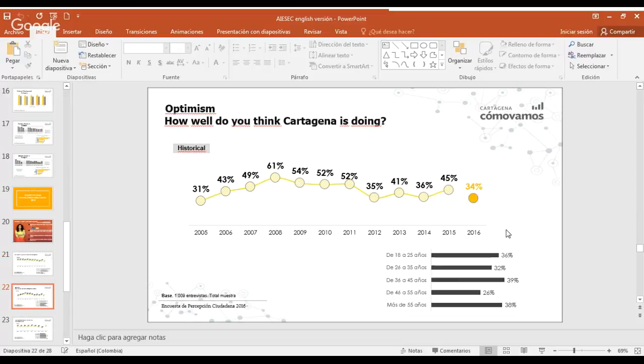And when we asked people about optimism, how well they think Cartagena is doing, we found that 3 out of 10 people feel that things in Cartagena are going well. And people between 46 and 55 are the ones who least feel that things in Cartagena are going well.